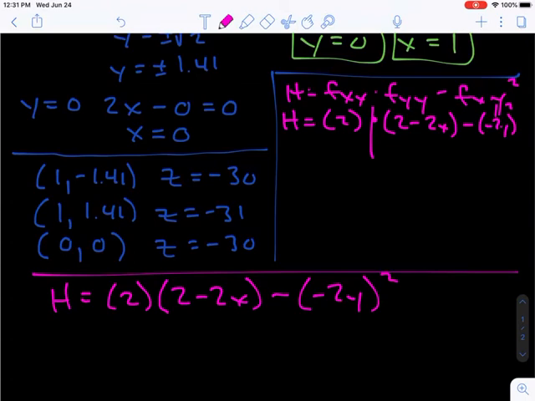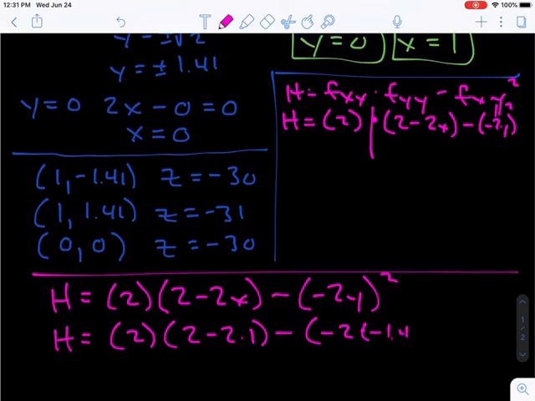So for our first point, we just substitute in: h is equal to 2 times 2 minus 2 times x, which is 1, minus negative 2 times my y value, which is negative 1.41, squared. And we have to figure out whether that's positive or negative.